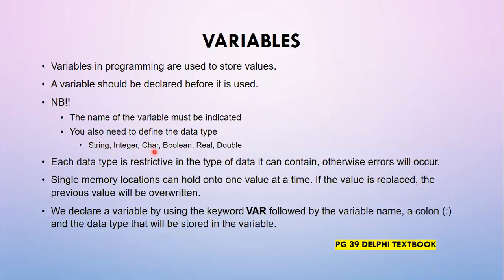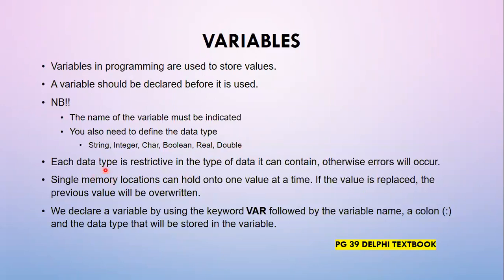Char is if I want to display a single character. Boolean is your yes, no, or true or false. Real, I'm going to use when I'm doing calculations. And double, as I said yesterday, relates to your binary set of numbers; we will be dealing with double much, much later.